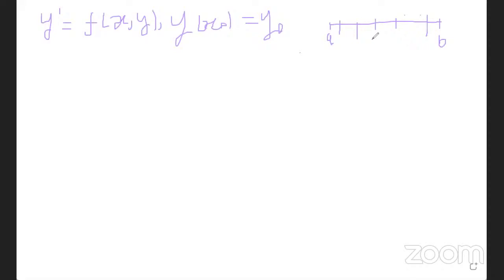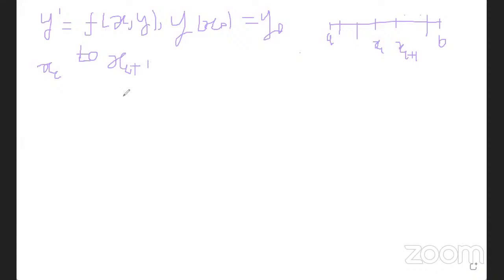Suppose this is the x(i) node, and this is x(i+1). Now rather than integrating from x0 to x, after discretization we integrate this differential equation from x(i) to x(i+1).